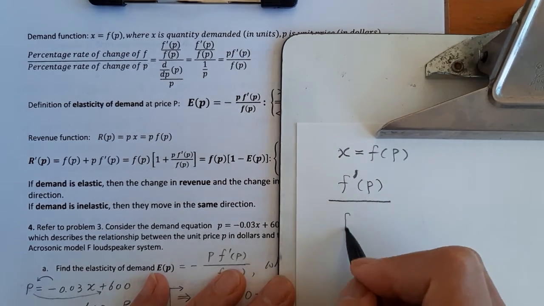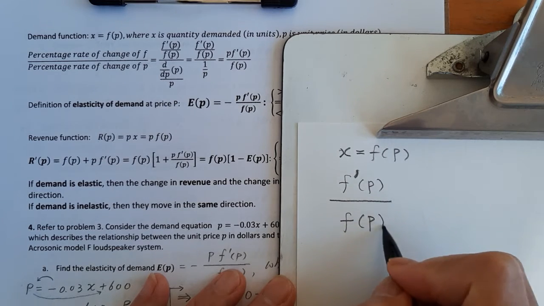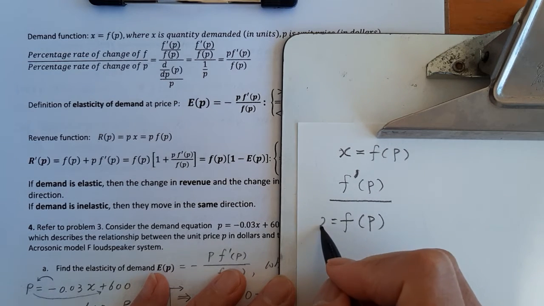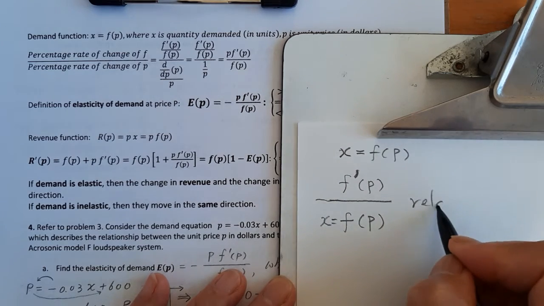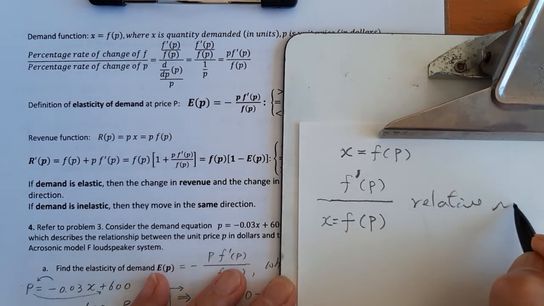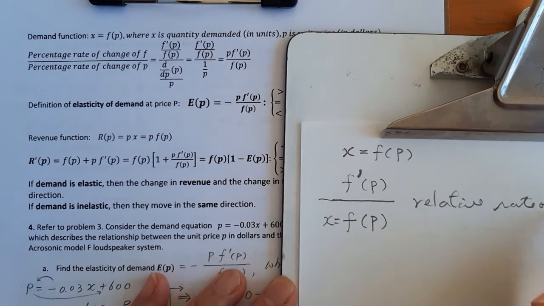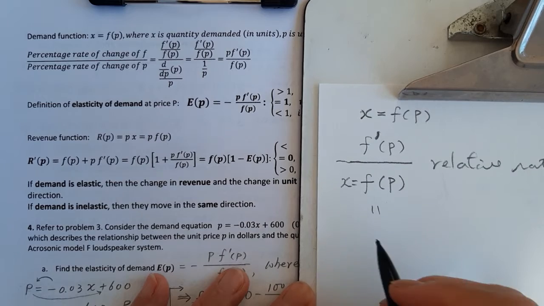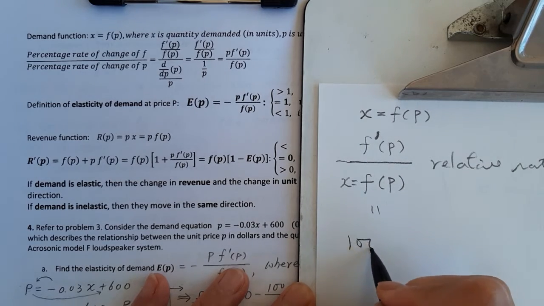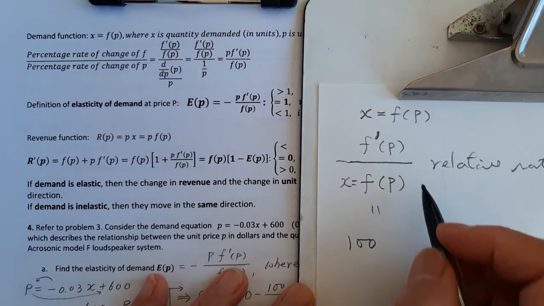Then divided by the quantity f, this is x, the quantity demanded. This we call relative rate of change. And then change to percentage, which is times 100%, which is 1.